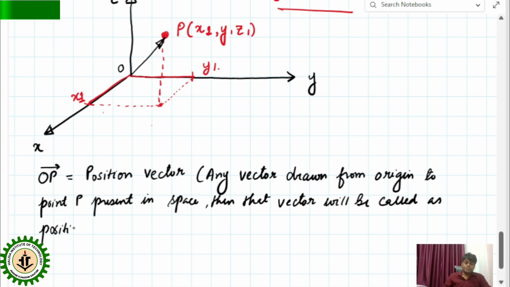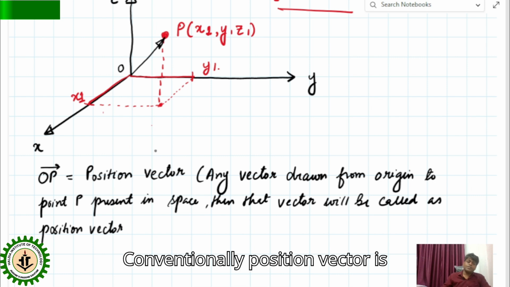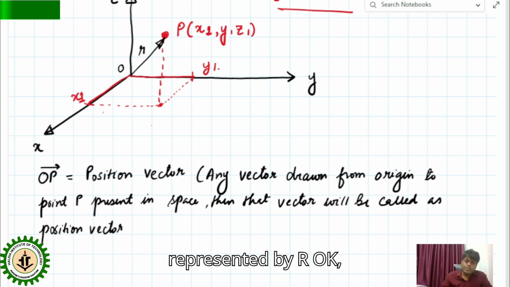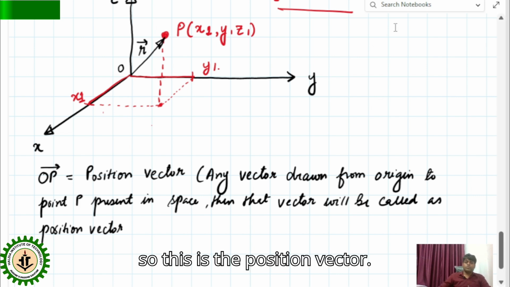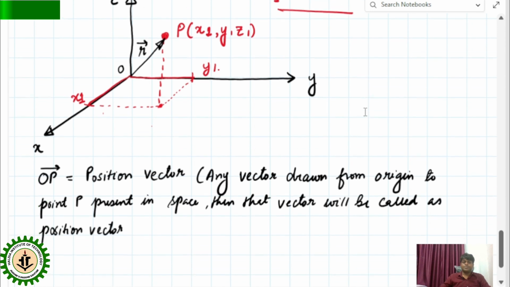Okay. Conventionally, position vector is represented by R. Okay. So this is the position vector.